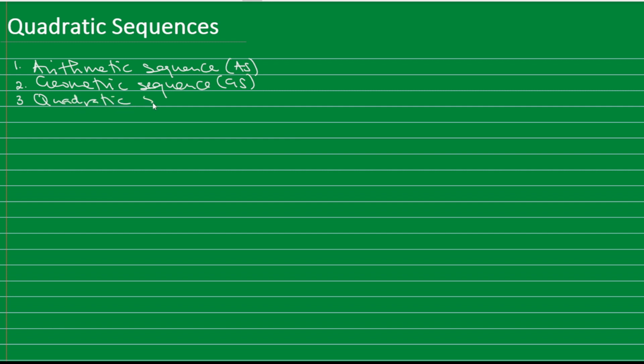There is no particular abbreviation for it, but you can call it QS if you want. I'm going to explain the background of how you tackle questions on quadratic sequences. I'll give examples of questions from previous exams and show how you will answer them.